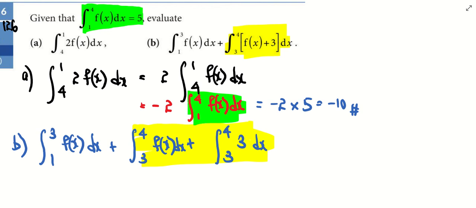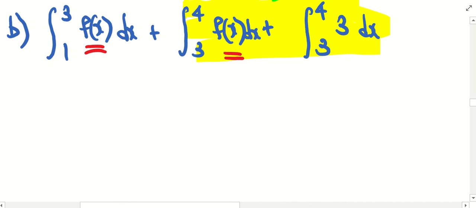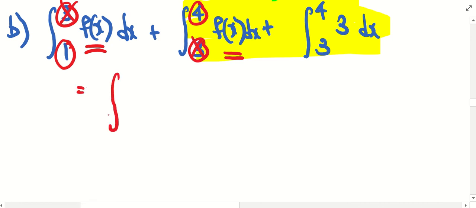Because of the unknown f(x). And more importantly, look at the unknown f(x). Can you see? It was from 1 to 3. Then 3 to 4. That means I can combine and integrate everything from 1 to 4. Based on the known result.